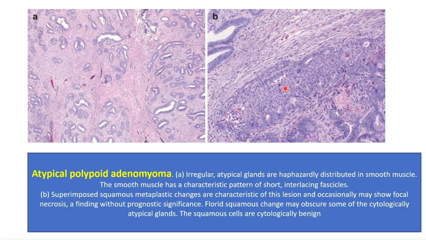Here the high power view shows squamous metaplasia, a characteristic feature for APA, and glandular tissue showing atypia and proliferative activity, with back-to-back arrangement at some places, and smooth muscle surrounding the glandular tissue. And here these squamous cells are cytologically benign, and may sometimes obscure the cytology of other glandular tissue.